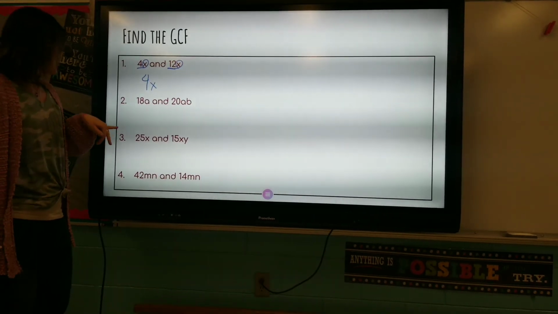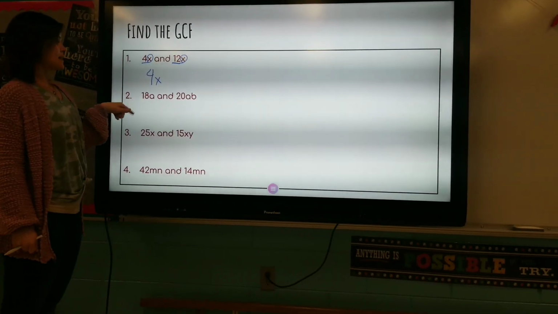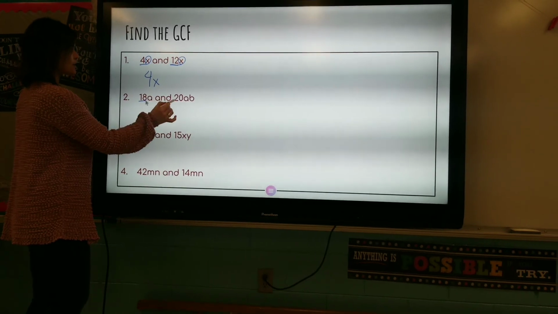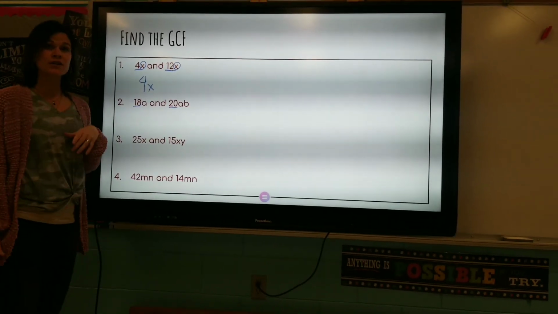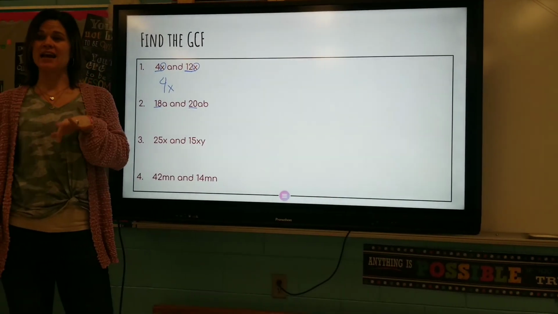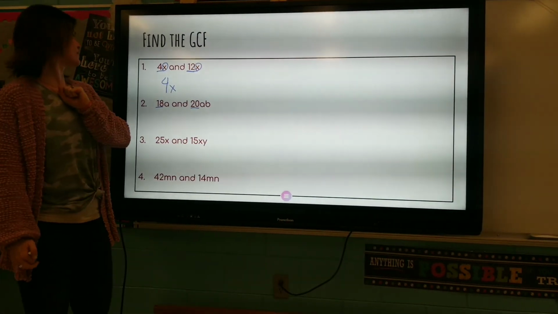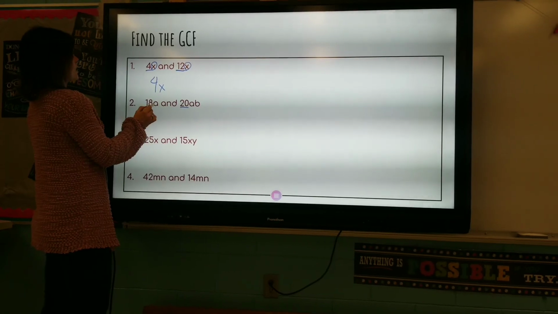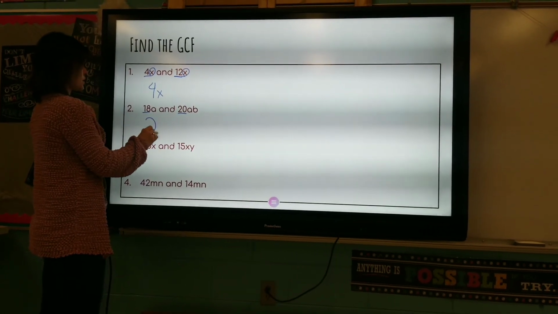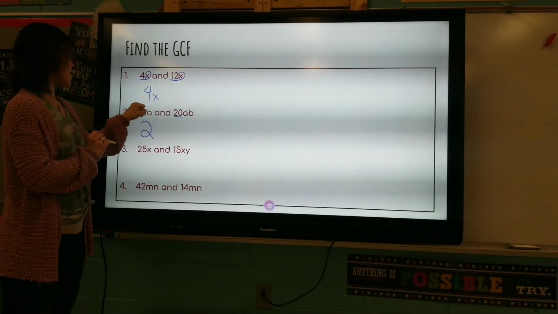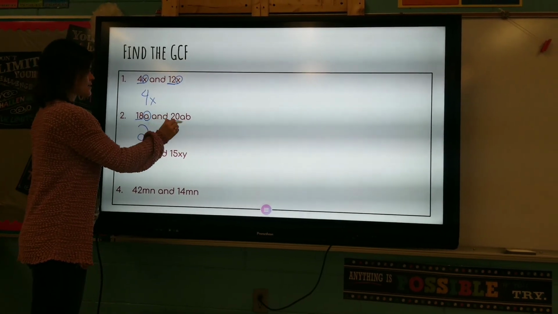Okay. Moving on to number 2, we have an 18a and a 20ab. So let's just again look at our numbers first. The biggest number that can divide 18 and 20 would be what? Callie. Yes, 2. Okay, and then I have an A and an AB.